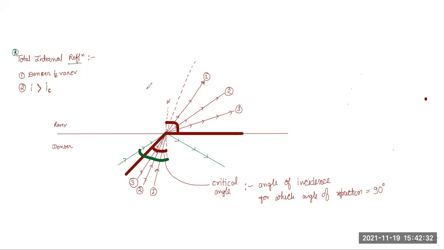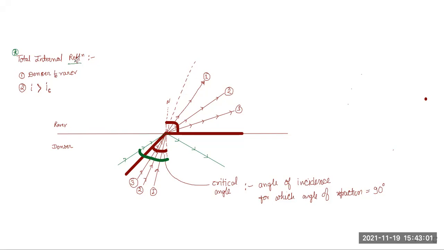So revising, what exactly is total internal reflection? It is the phenomenon in which the refracting surface shows reflection. Does it happen for almost every condition? Absolutely not. There are two conditions that must be satisfied.